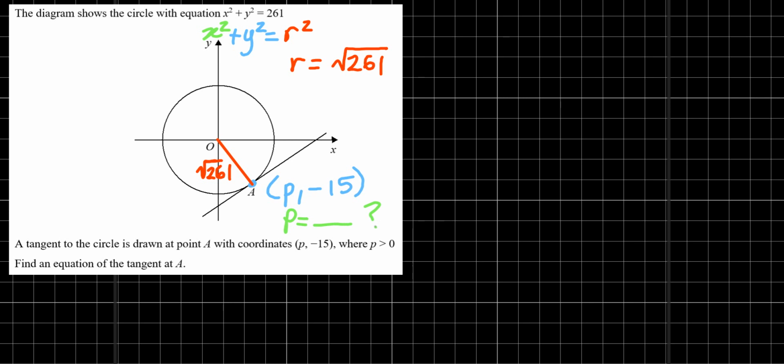So to work out p, we need to construct or just draw a right angle triangle. There is something else we know about point A. The y value here is minus 15, which means the length of our triangle is 15.